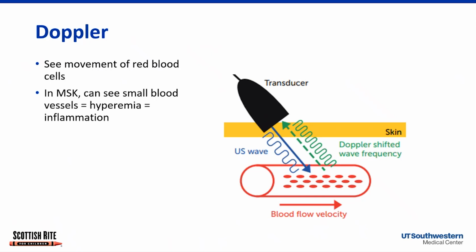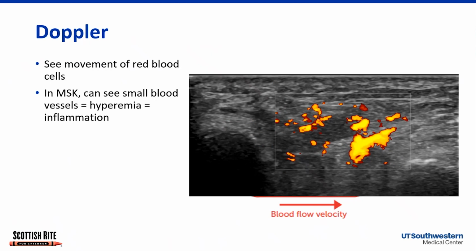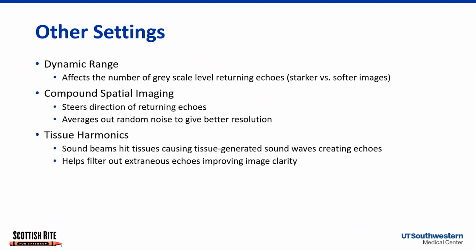For rheumatology patients, these teeny tiny little microvessels or increased inflammation with increased blood flow, you can actually pick that up with a Doppler signal, all right? And this is an example of Doppler. You'll see this little box coming up, and when things light up there, that tells me there's some flow in that area, okay? So you'll get to practice a little bit with that as well.